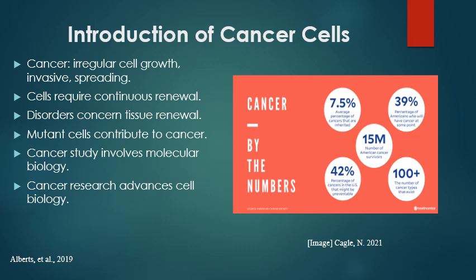I picked this image over here on the side. It says cancer by the numbers, and it says 7.5% of average people that get cancer, it's inherited. 39% of Americans will have cancer at some point. 15 million people will survive. So the number has grown over the years of who will survive when they hear the word cancer.